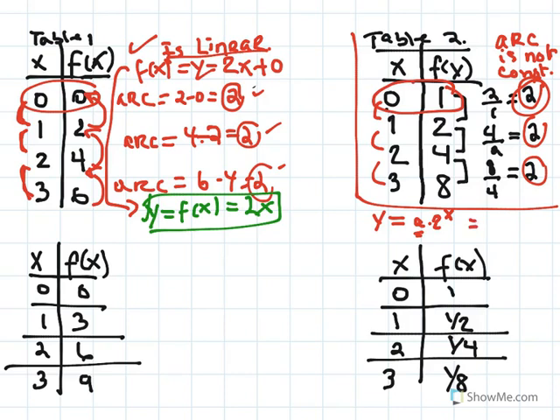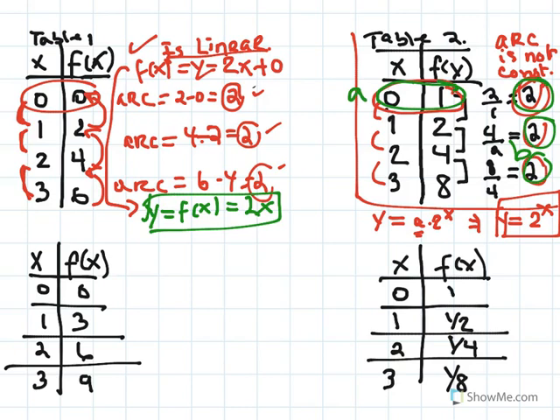So in this case, the function is y equals 2 to the x. So what did I find here? This number right here is my b. This number right here is my a.